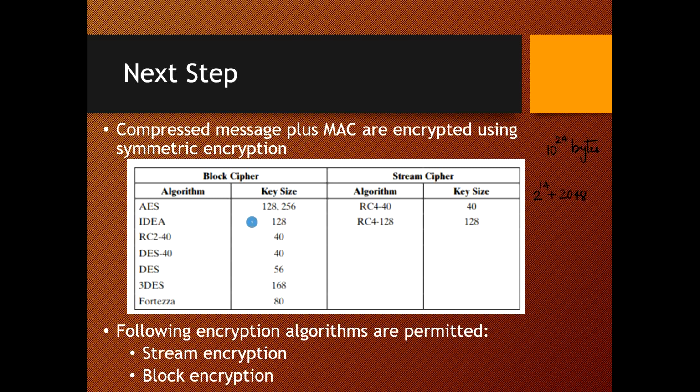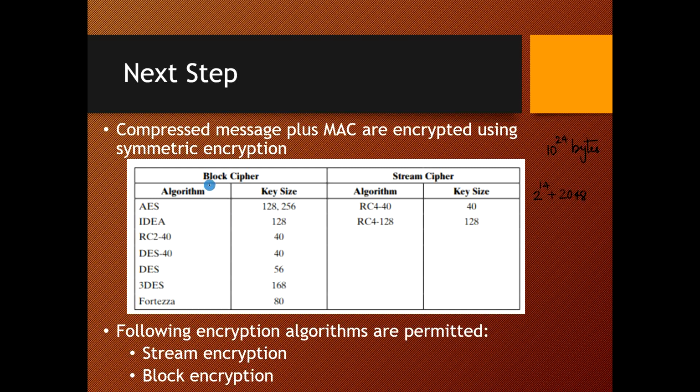Next is the block encryption. In block encryption, you can see the various algorithms that are specified: AES, IDEA, DES 40, 3DES, and Fortezza. In this case, in block encryption, we are performing padding, which is added after the MAC prior to the encryption.